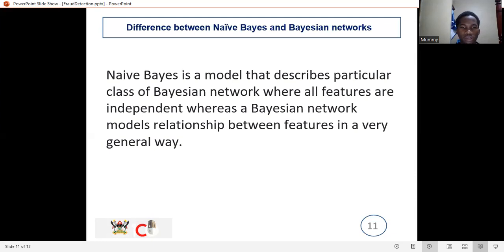Whereas Bayesian network models a relationship between features in a very general way. Like, as you know, it models how this feature is related to this feature, and it models a relationship in a general way. I think by general way, I mean making a relationship between various features.